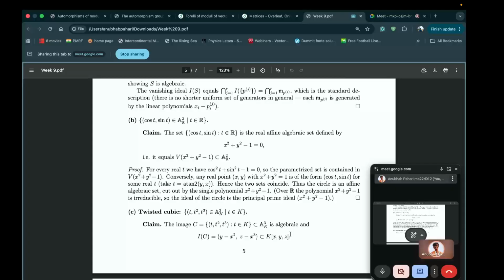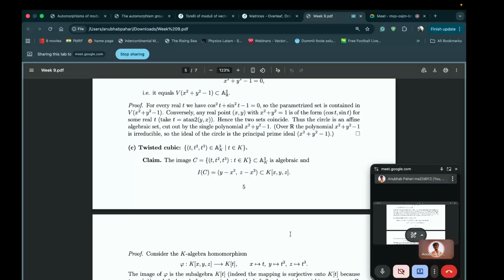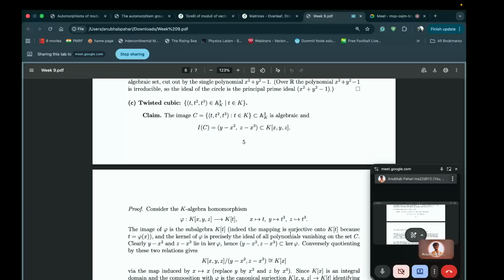Now, we go to our next problem, which is to show that the twisted cubic, that is (t, t^2, t^3), is an algebraic set. This is fairly easy to see, because by the claim the zero set should contain the relation from the y component t^2 minus x^2, so t^2 minus t^2 would be 0.